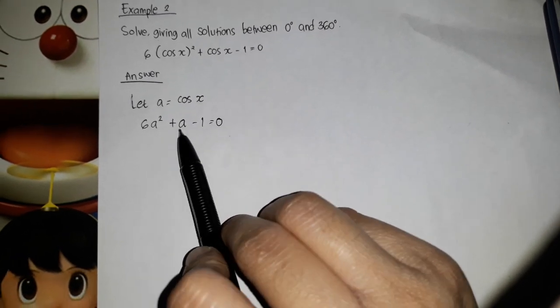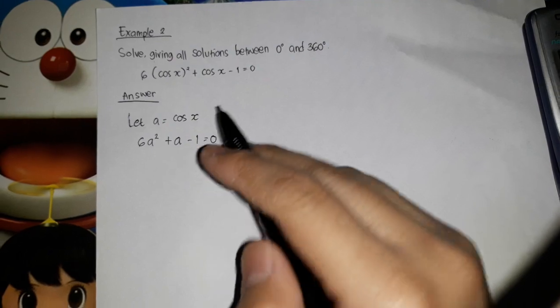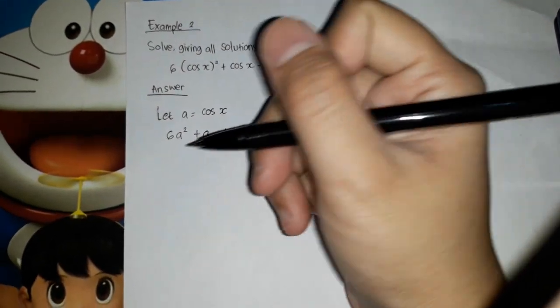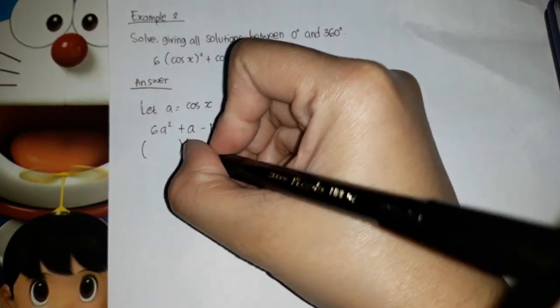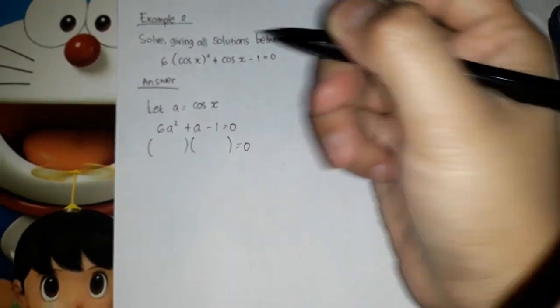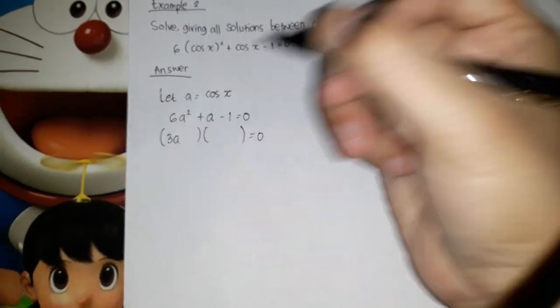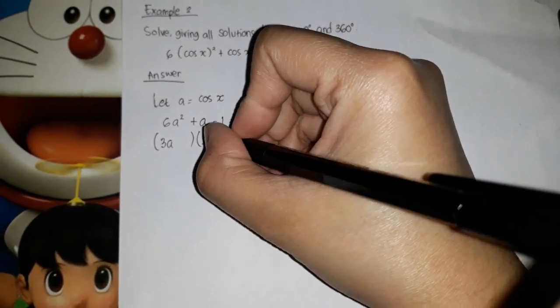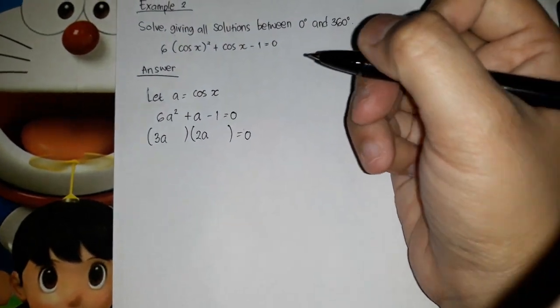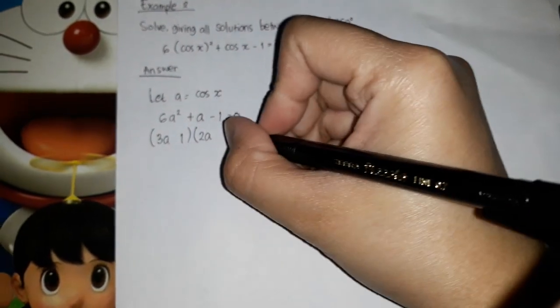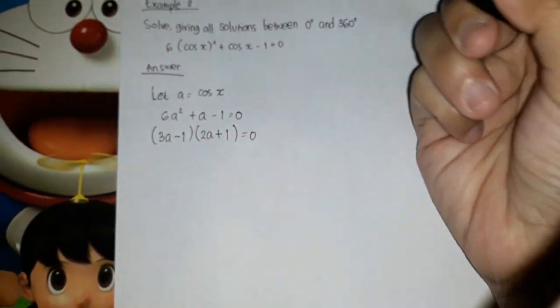6a squared plus a minus 1 is equal to 0 can be factorized completely. So let's find the factorization. 3a, and then 2a, and then 1, I think minus, and this is positive.